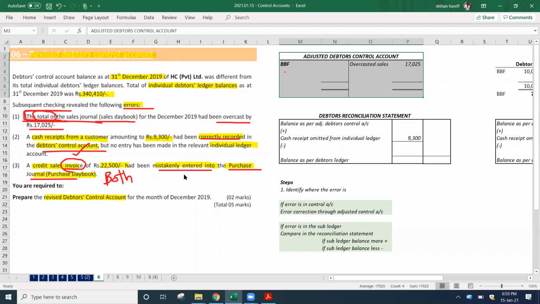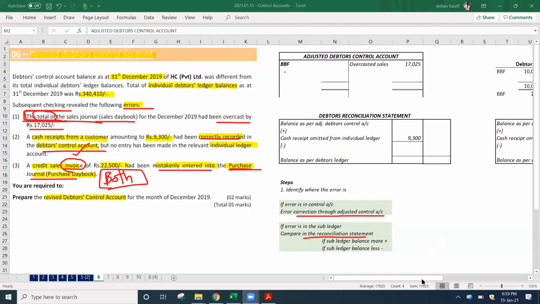But if it is the journal entered in the wrong journal, that will affect both. Now you need to correct the error through the control account and you need to do the reconciliation. So let me explain through our example.